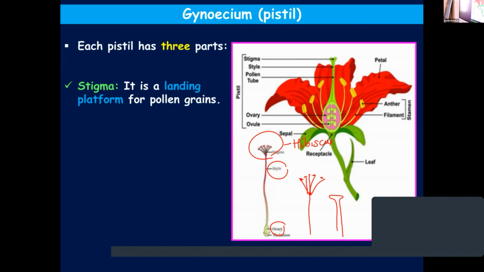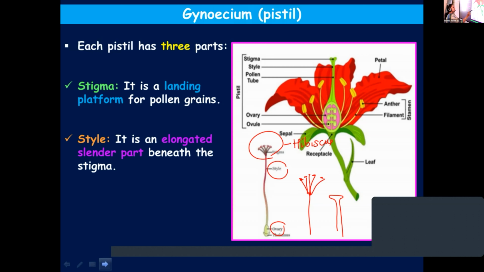Whatever be the condition, whether it is branched or unbranched, stigma is a landing platform for pollen grains. Pollen grains will land on the stigma. You have already learned pollination is the transfer of pollen grains from the anther to the stigma. So stigma serves as a landing platform for the pollen grains. Then comes style.